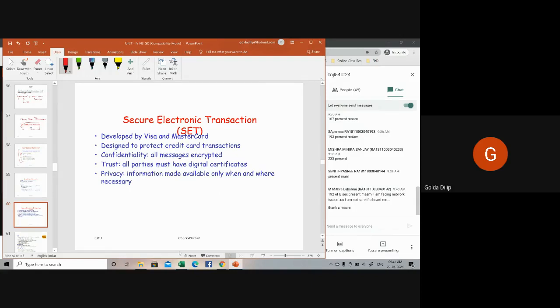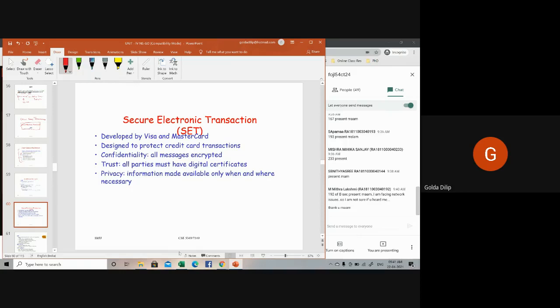When you say a credit card or payment transaction, it is not just one party who is involved; there are a lot of parties. Let's call it an e-commerce transaction, buying and selling over the net. This will provide a secure environment for all the parties involved in an e-commerce transaction.